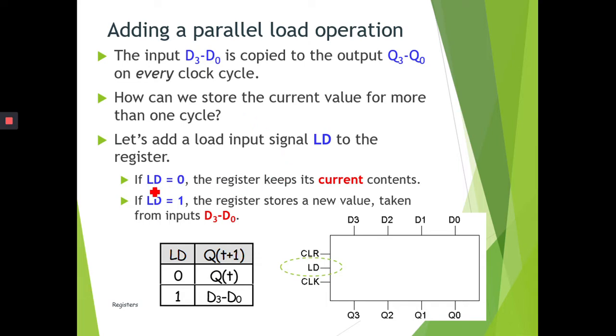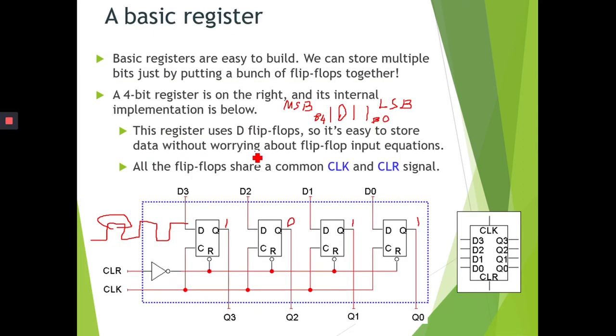If LD is equal to 0, the register is going to keep its current content. How does that happen? When it is 0, it's going to recycle whatever value it has here. For example, we have 1011.